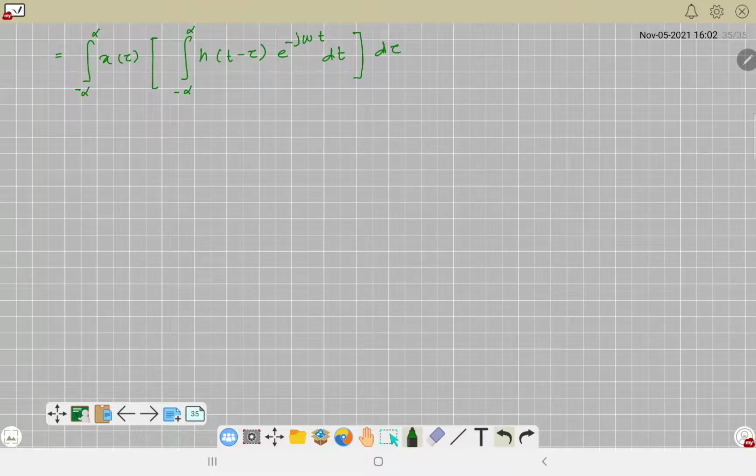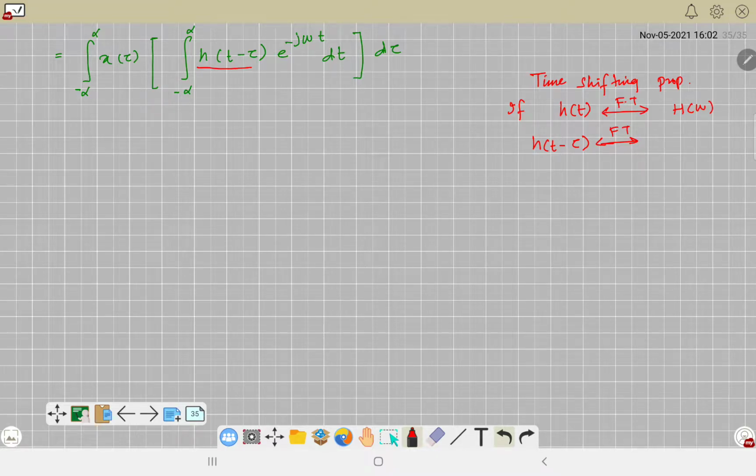Now, if you remember, we have just done the time shifting property. So if I apply this time shifting property here, in other words, if the Fourier transform of h of t is equivalent to, say, H of omega, then h of t minus tau, because of the time shifting property, will be equivalent to e raised to the power minus j omega tau H of omega.